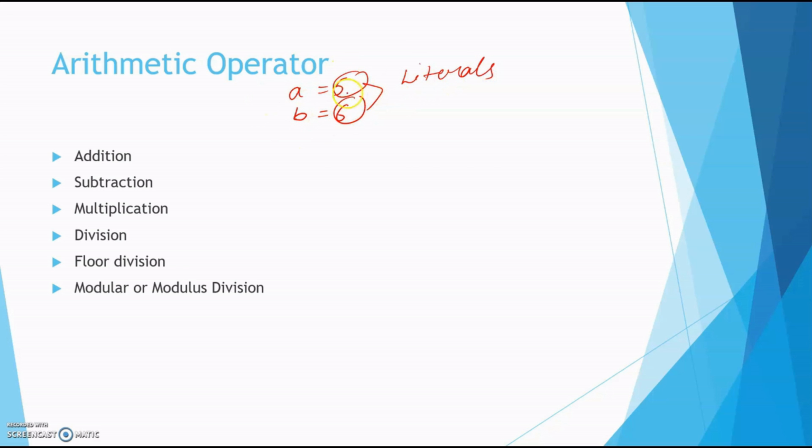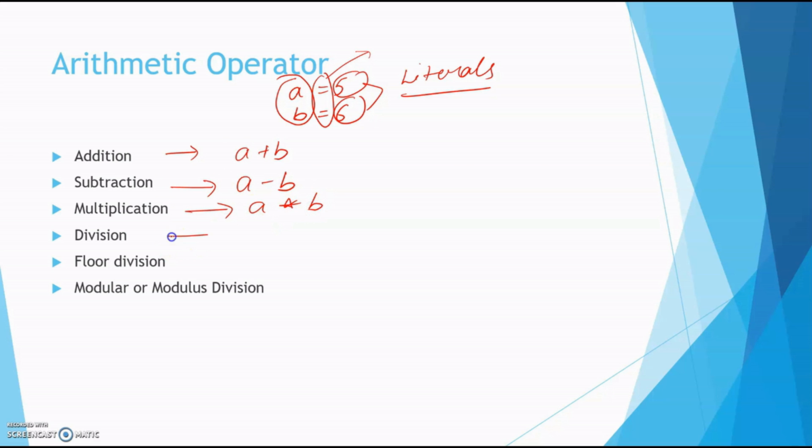Basically, these are tokens; 5 and 6 are which type of token? That is literal type, that is variable type, and that is assignment type. I will discuss in the next slide. So addition is for performing addition, A plus B. Subtraction is for performing subtraction. Multiplication is for multiplication. Division is for division.